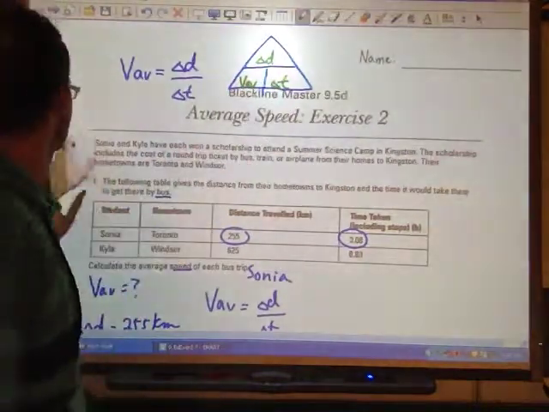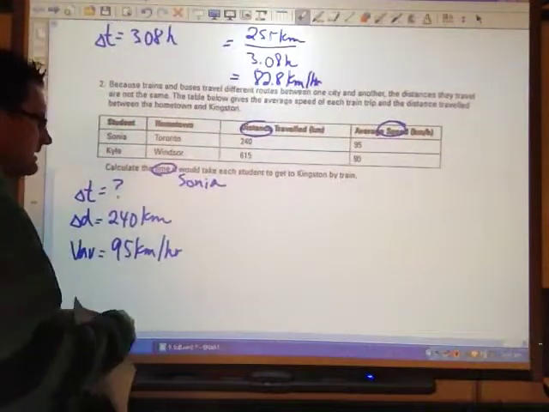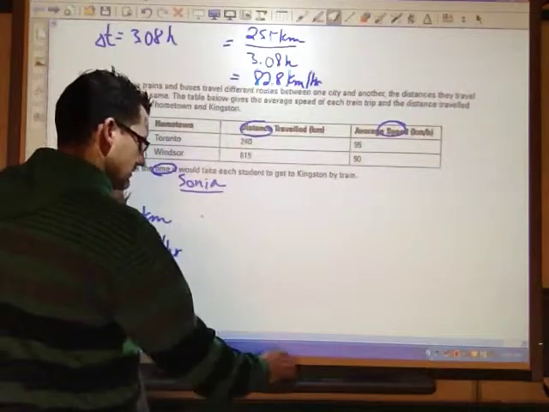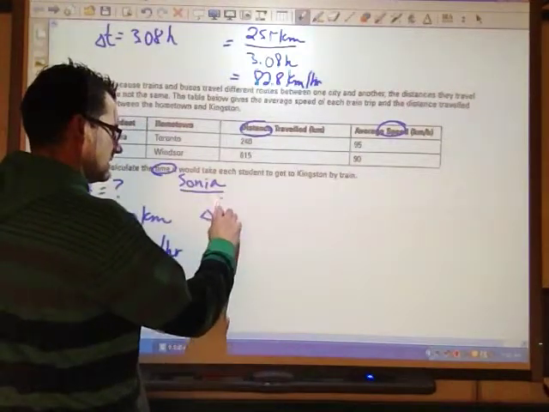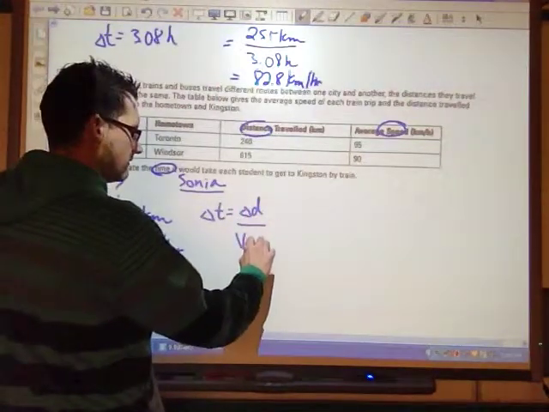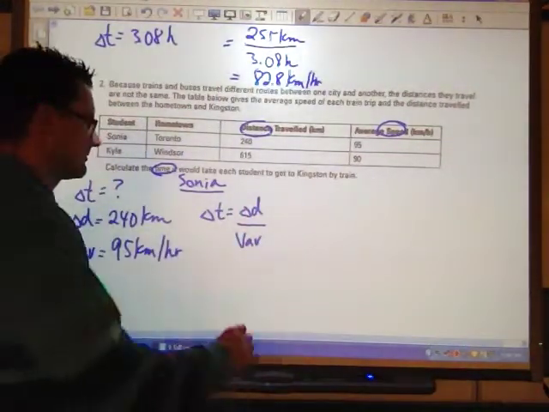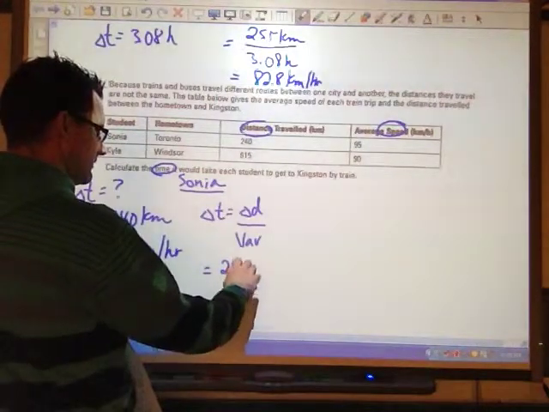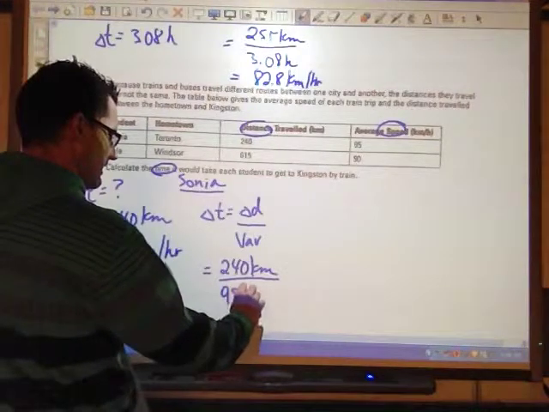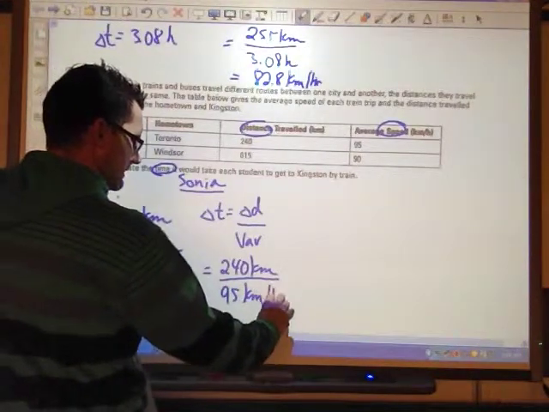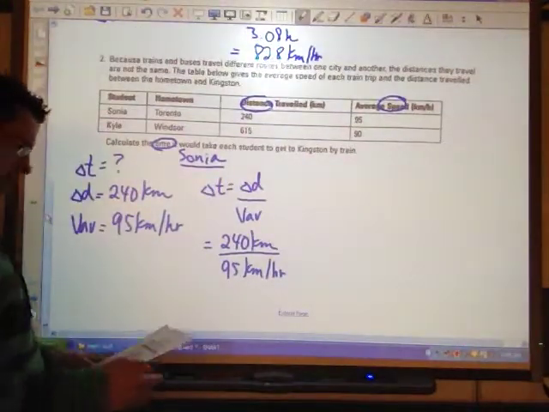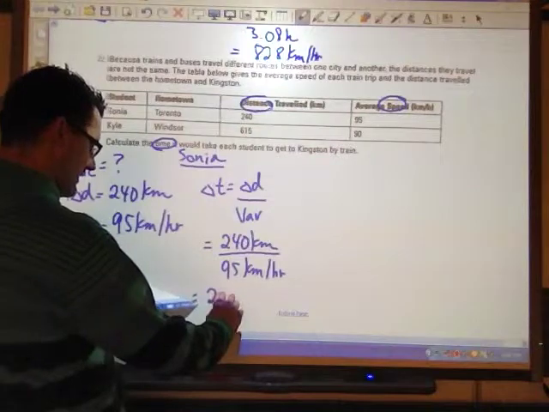T is equal to D over V. Delta T is equal to D over V. You can see how easy that is to set up. D is 240 kilometers. V is 95 kilometers per hour. And when we figure this out, I did it earlier, we get 2.5.